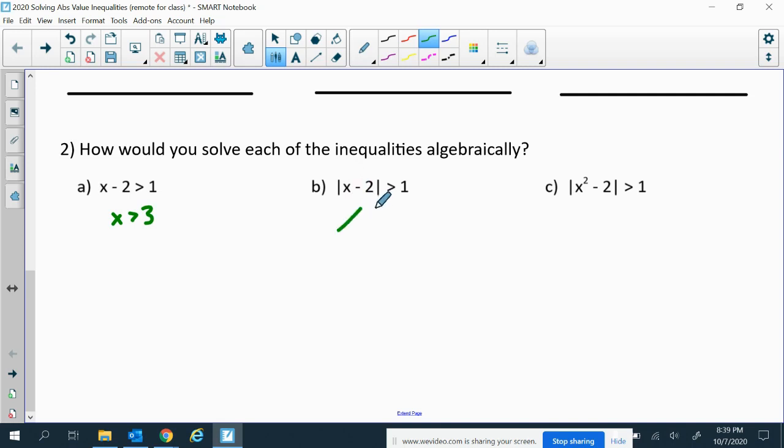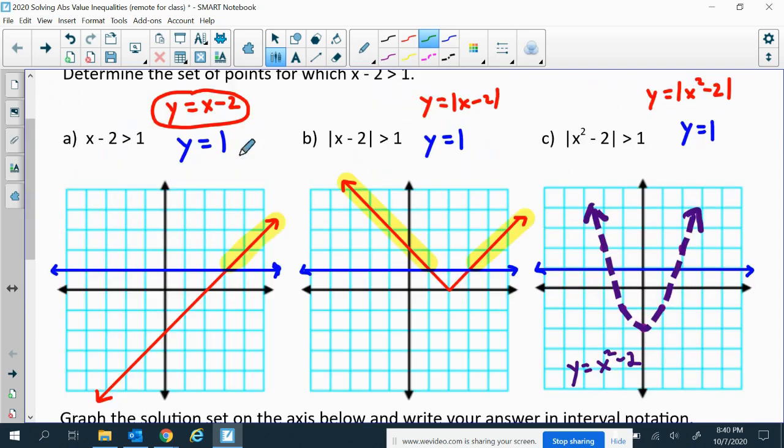And from Algebra 2, we would break this into 2 different inequalities. Once we get the absolute value by itself, we'd see x is greater than 3 or x is less than 1. Those are the things we also see visually on the graph.